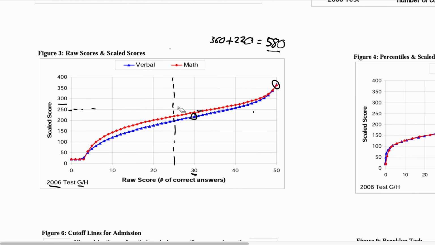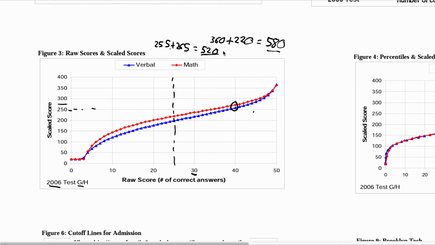But in contrast, let's say instead of getting 30 right in one and 50 right in the other, you get 40 right in each. You get 40 right in each right here. This might be 255 plus 265, which is, let's see, like 520.